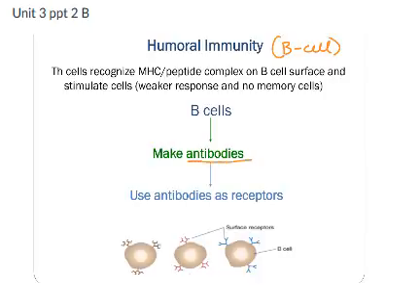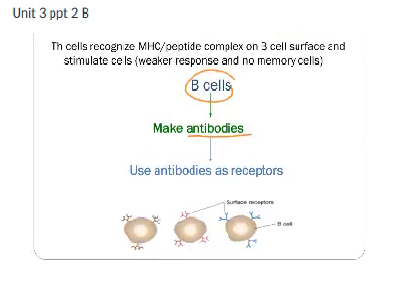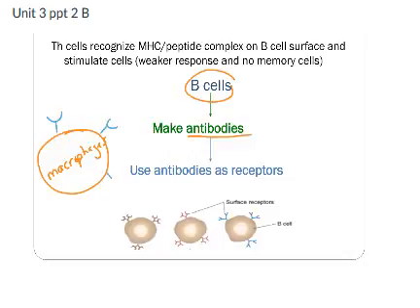unique to B cells. So B cells make them. And please remember, I mentioned that there are these macrophages, which are the antigen presenting cells, and all of them have these flags that they put on the surface, which is almost warning the rest of the body that it's being infected by some type of pathogen.